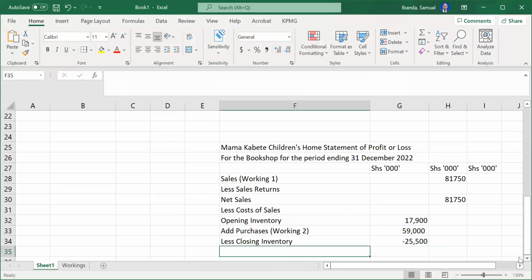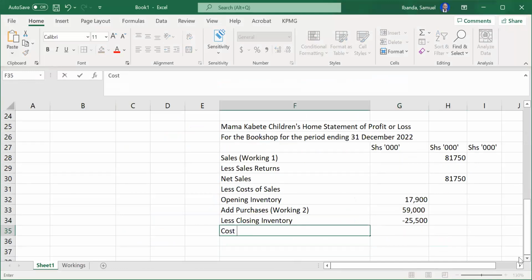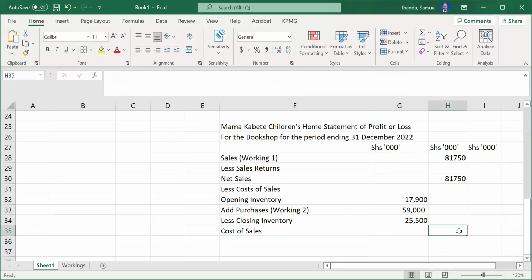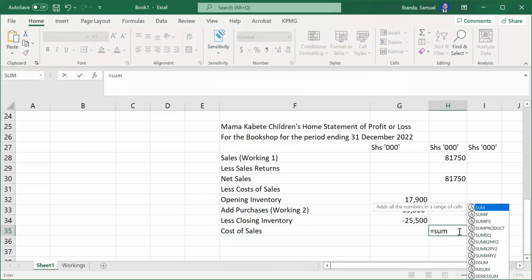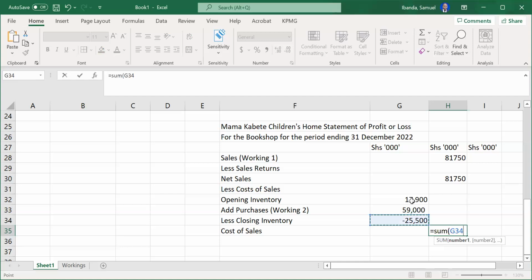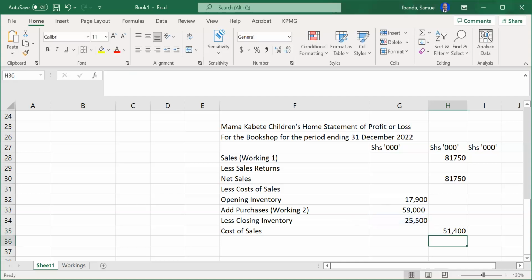So I can determine my cost of sales very well, which is actually going to be, I'm just going to put these figures together and get my 51,400.